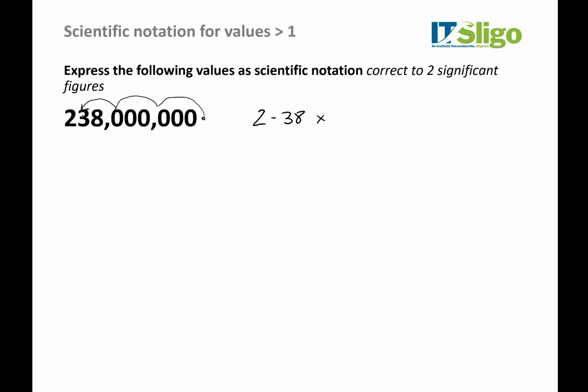And it's moving 8 places, so now the decimal point sits here. So there's our scientific notation value. So it was 2.38 by 10 to the power of 8.